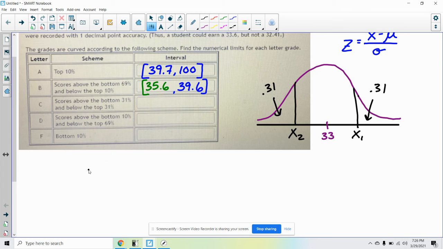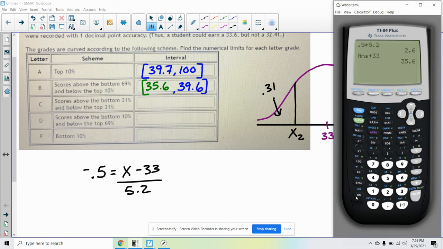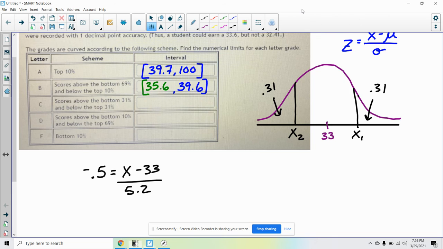So my z-score is negative 0.5 equals x minus 33 over 5.2. Solving that for x, I'm going to get negative 0.5 times 5.2 plus 33. So this x value is going to be 30.4. And I need to do this, okay?